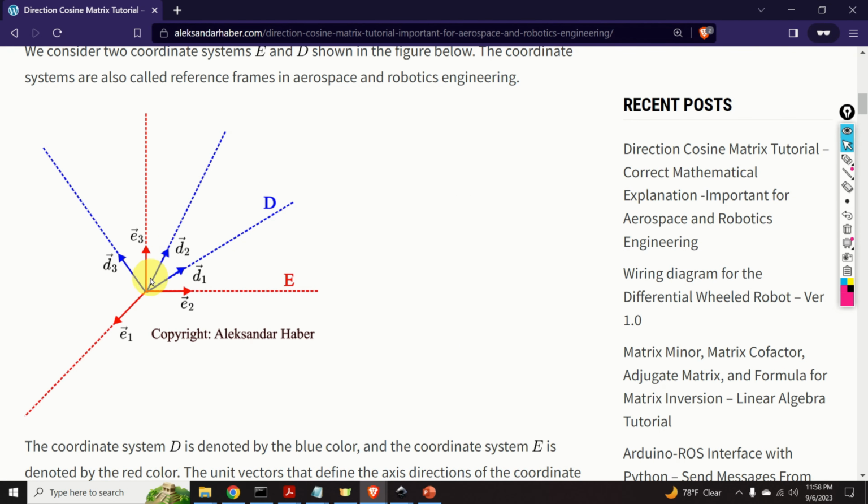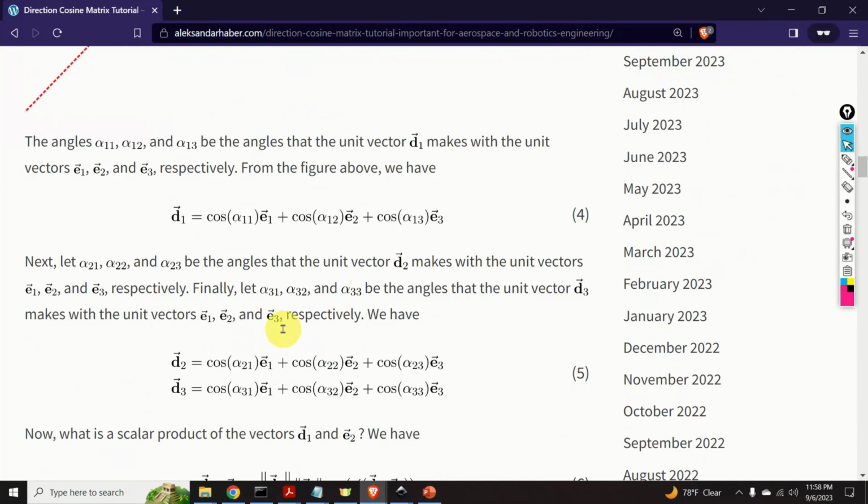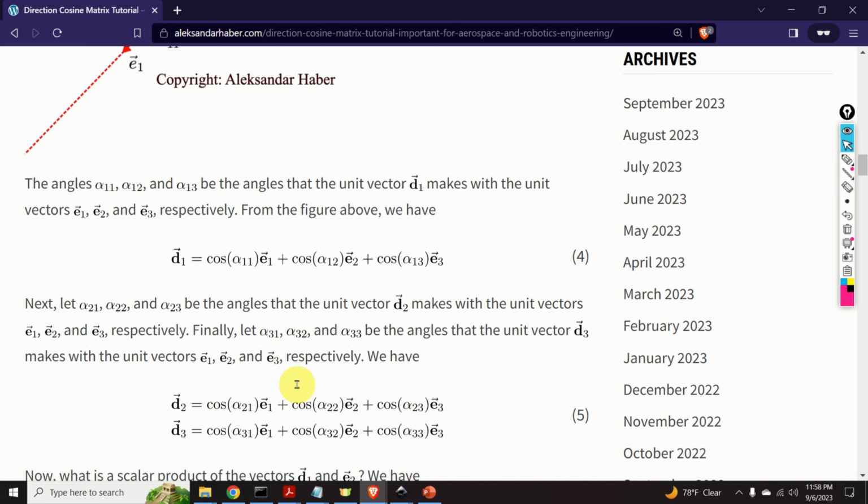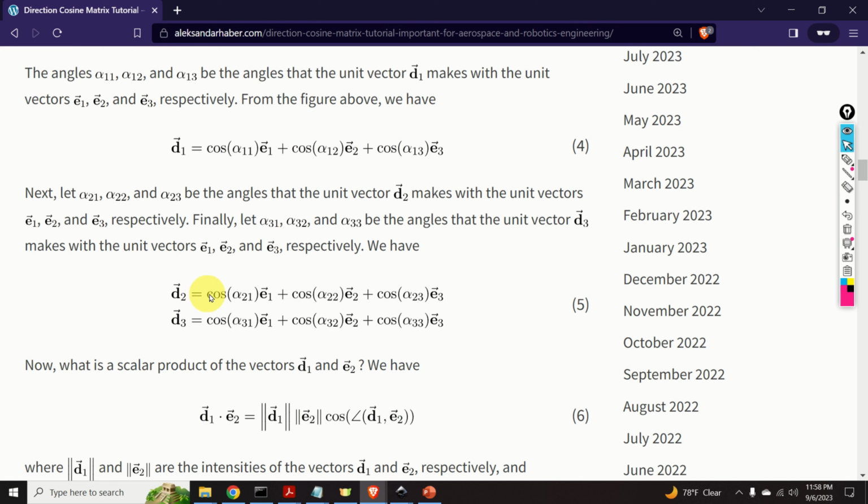Next, let's project the unit vectors D2 and D3 onto the axis of the coordinate system E. Let alpha 21, alpha 22, and alpha 23 be the angles that the unit vector D2 makes with the unit vectors E1, E2, and E3 of the coordinate system E. Next, let alpha 31, alpha 32, and alpha 33 be the angles that the unit vector D3 makes with the unit vectors E1, E2, and E3 of the coordinate system E. Next, D2 can be decomposed like this, and D3 can be decomposed like this.